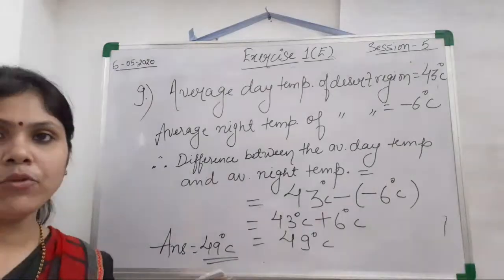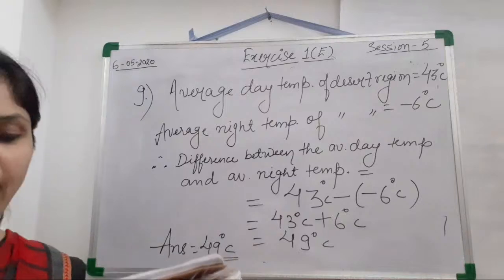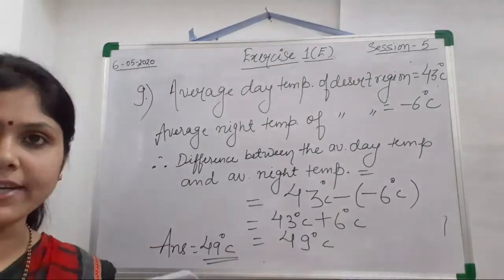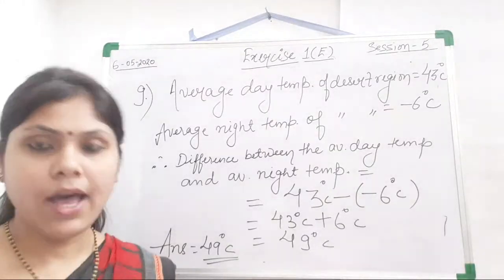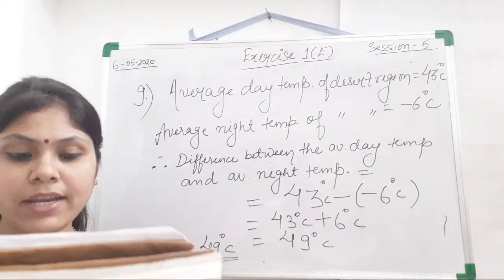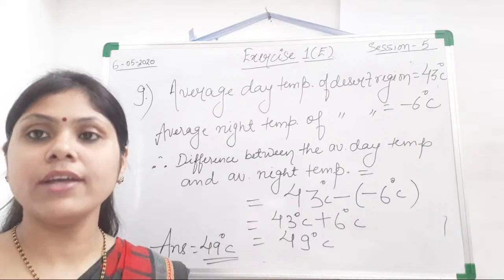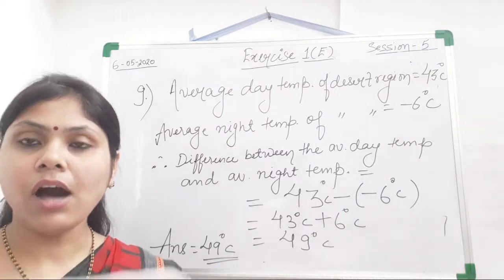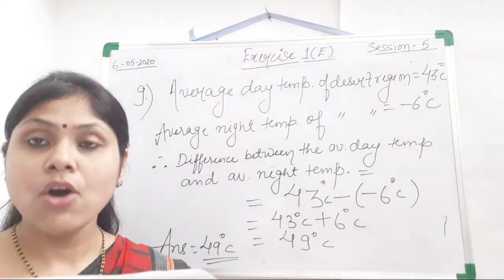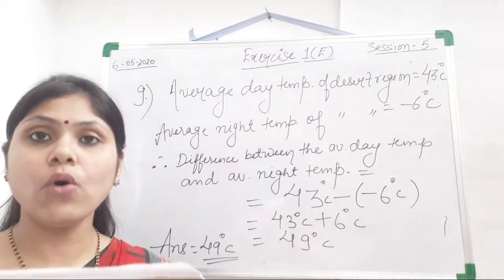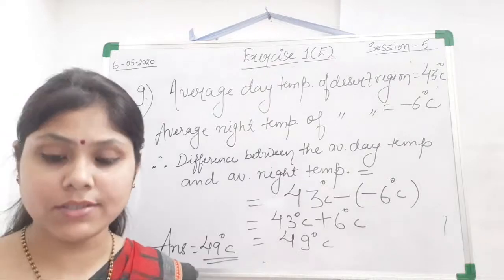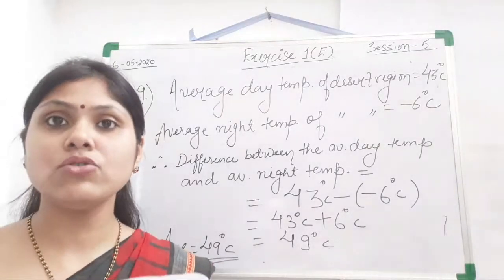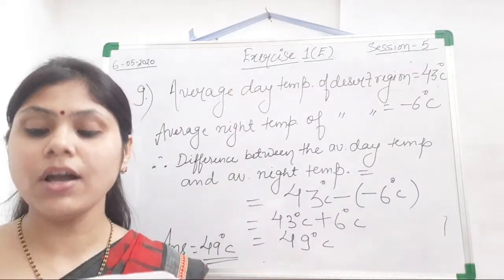Come to the 11th question. If you are writing, you can write it fast. Matthew had no money to pay for his house rent of rupees 14,240, the total house rent.